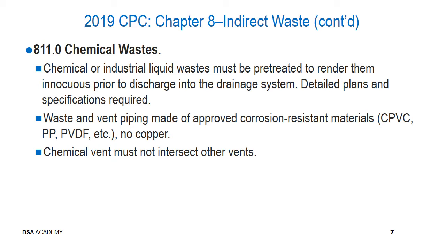The specific concern about chemical or industrial waste is that the discharge may actually damage the sewer system, and it may actually detrimentally affect sewage treatment plant or contaminate surfaces or subsurface waters. So the plans and specifications are certainly going to identify any special materials that are required in construction of the chemical waste system.